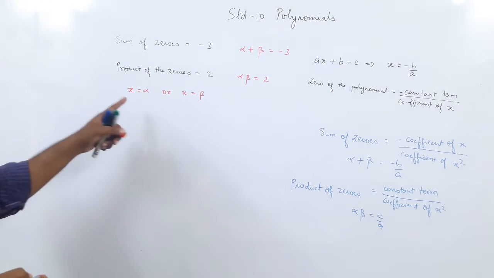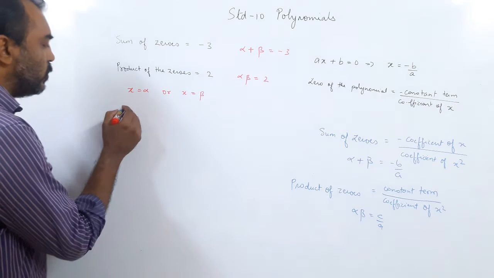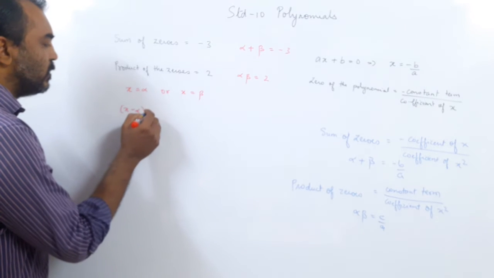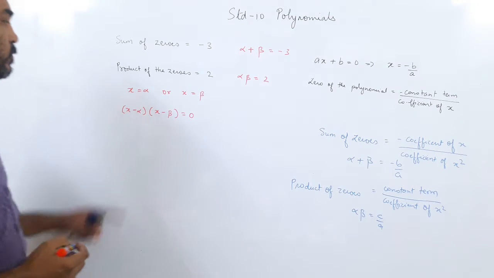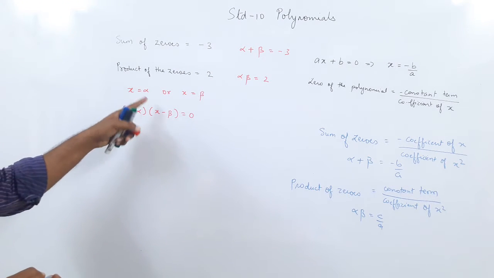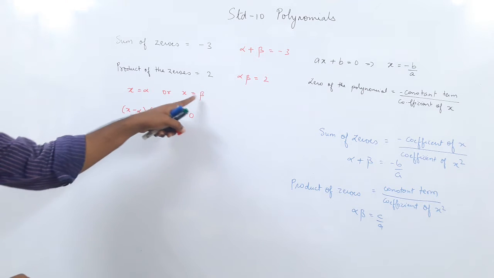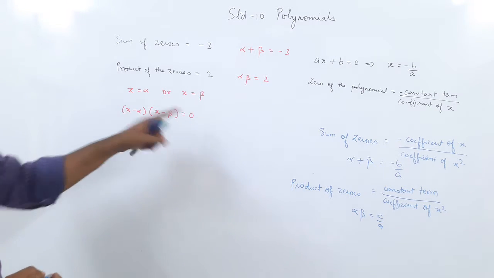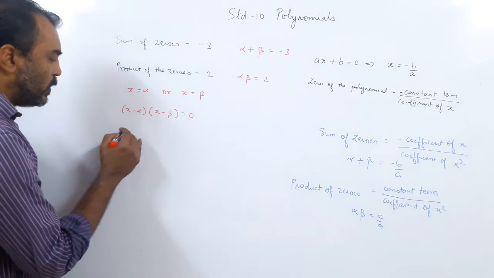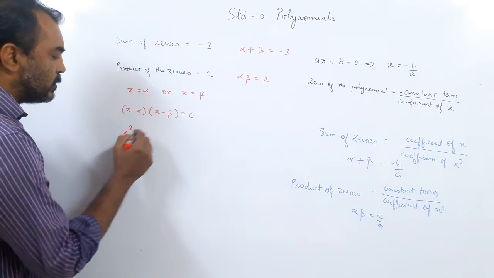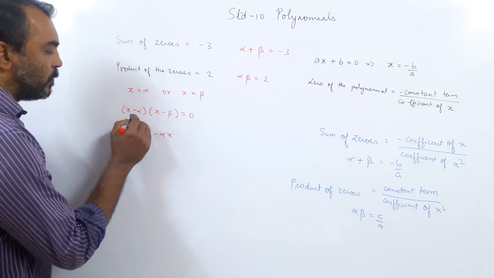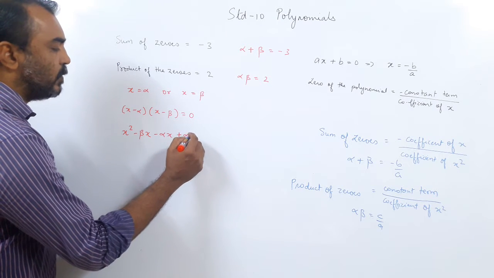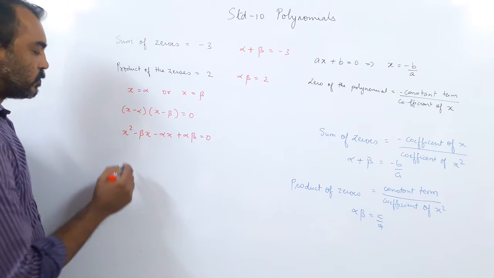Now if x equal to alpha, x equal to beta, then I have x minus alpha into x minus beta equal to 0. This I know. x equal to alpha, so x minus alpha is 0, and x equal to beta means x minus beta is 0. Multiplying them both I get 0. If I open, I get x square minus beta x minus alpha x plus alpha beta equal to 0.